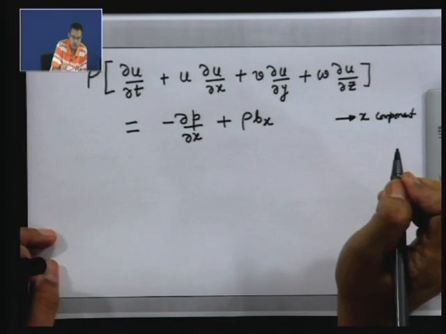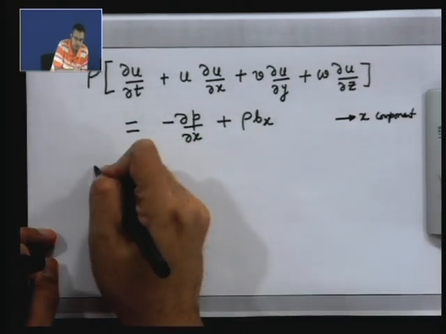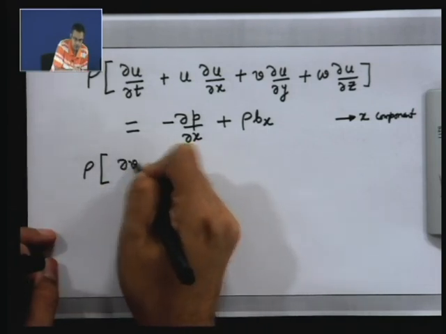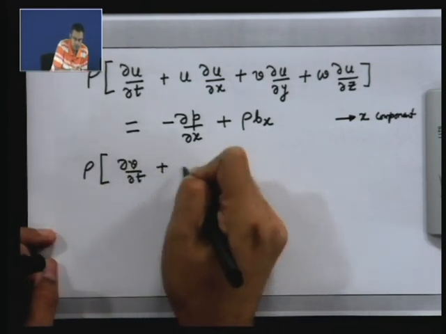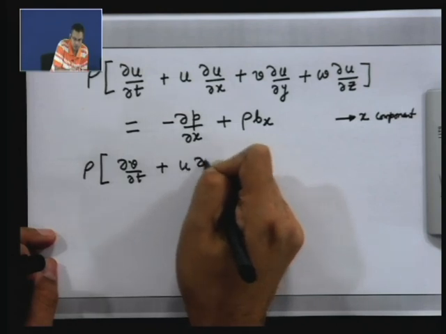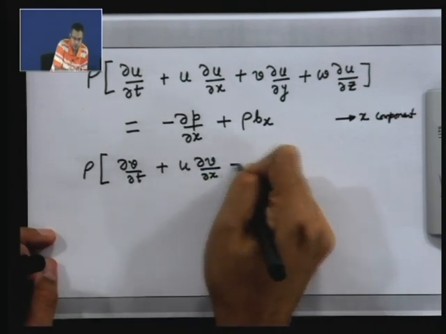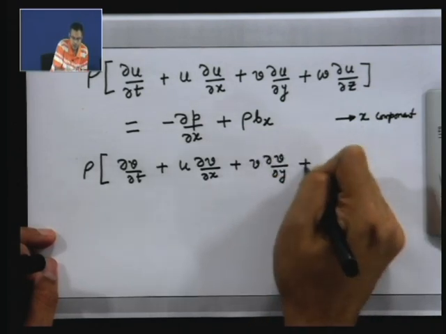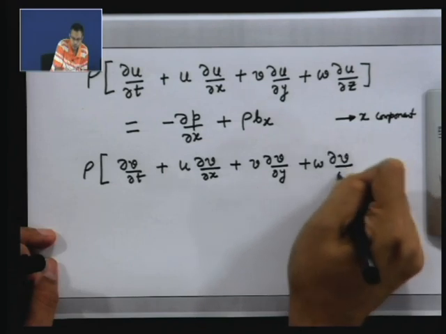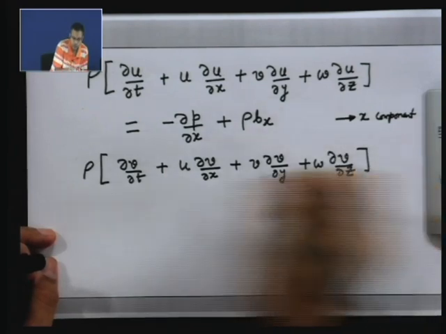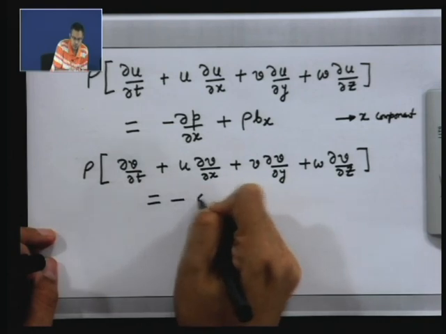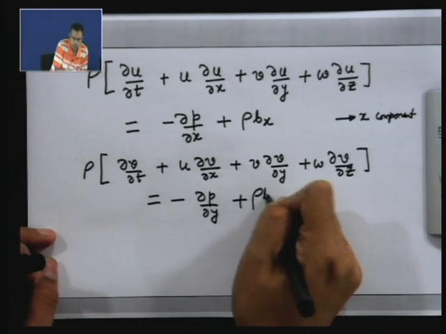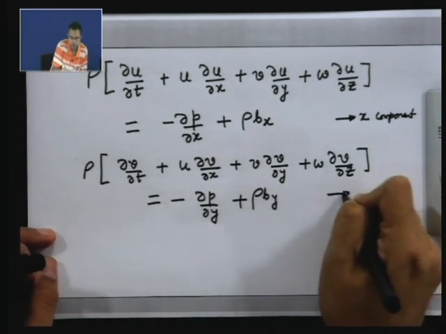By analogy, let us quickly write the y component and z component. So, y component you replace u with v, so del v del t plus u del v del x plus v del v del y plus w del v del z is equal to minus del p del y plus rho by. This is y component.